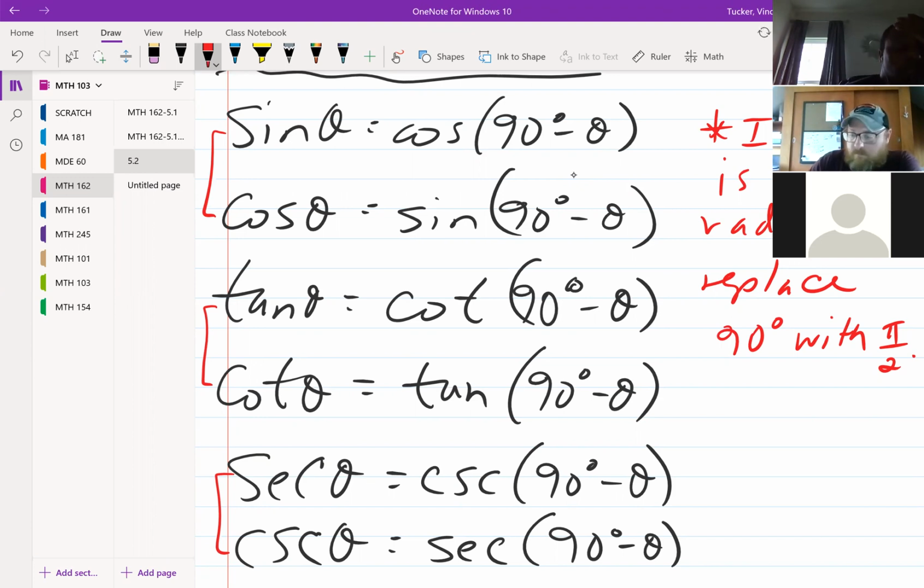It just says sine of theta is equal to cosine of 90 degrees minus theta, and you just flip it for sine and cosine. Then tangent is equal to cotangent of 90 degrees minus theta. Flip those for tangent and cotangent, and then do the same thing for the relationship between secant and cosecant. And if your theta is in radians, then instead of 90 degrees, you would be using pi over 2.